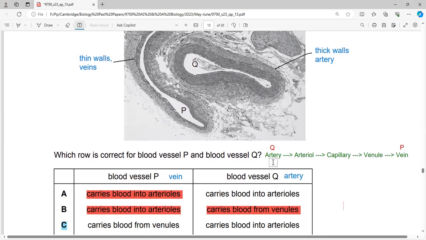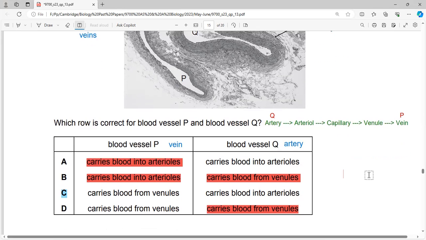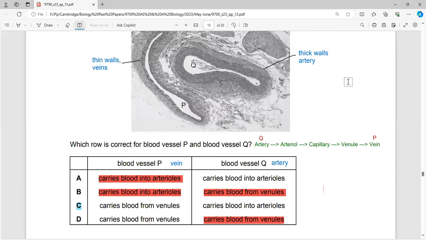In this way, we're going to solve this question on the basis of the given information. The artery transfers blood into arterioles, arterioles to capillaries, capillaries to venules, and venules to veins. So the correct option might be that the artery transfers blood into the arteriole, while the vein P gets blood from the venule. We're going to see which statement is correct.